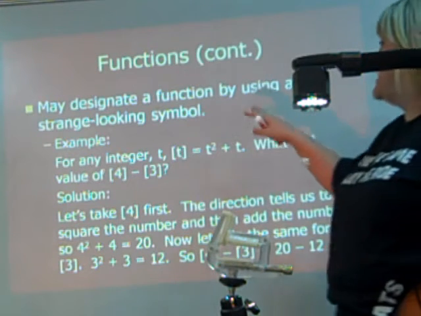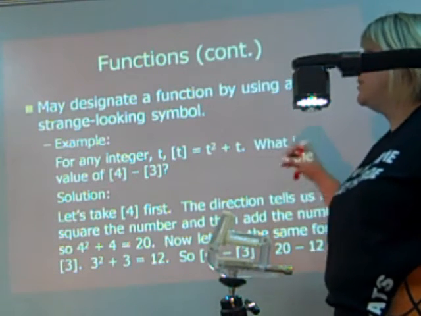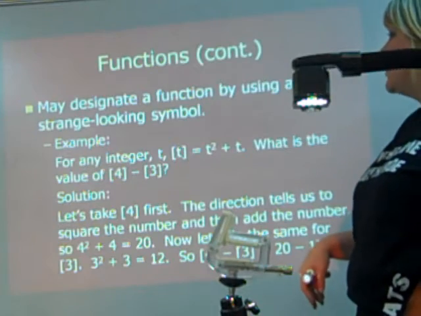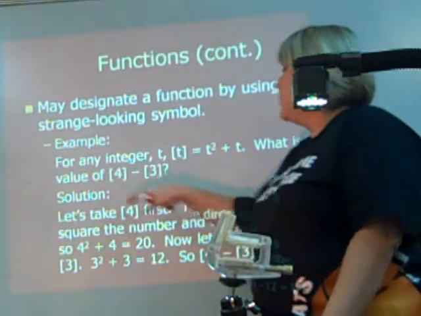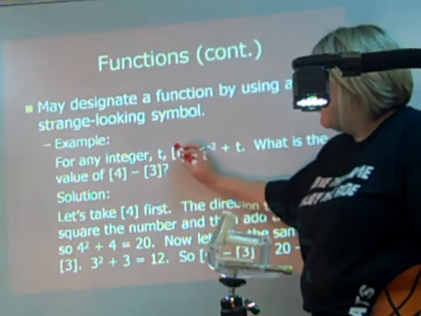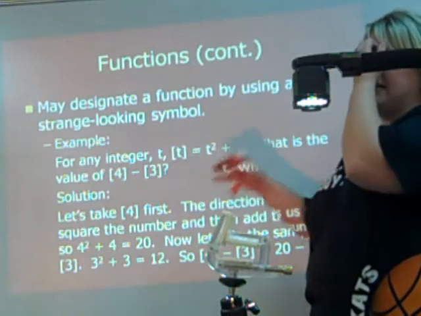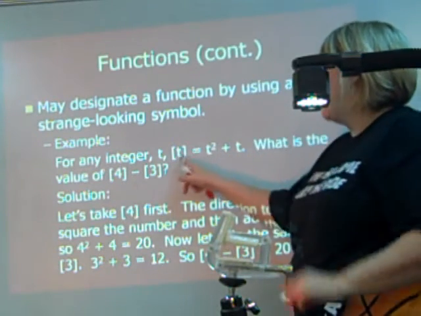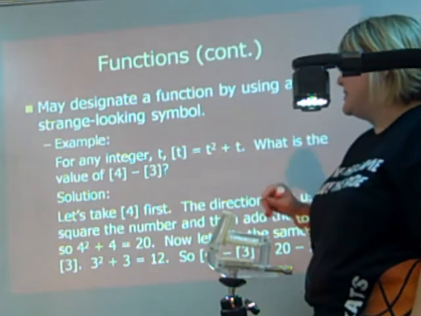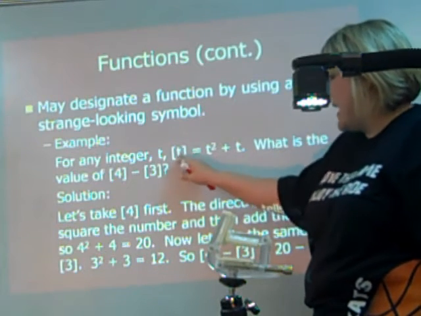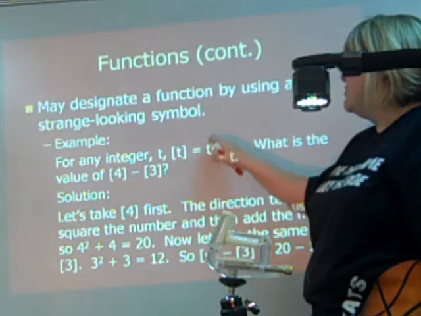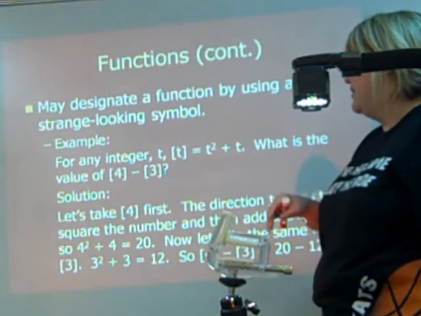Another way is they'll designate a function using a weird-looking symbol. So in this example, for any integer t, bracket t. So when they put t in brackets, this is what they want you to do with what's in the brackets. So bracket t means take what's in the brackets, take t, square it, and add t.